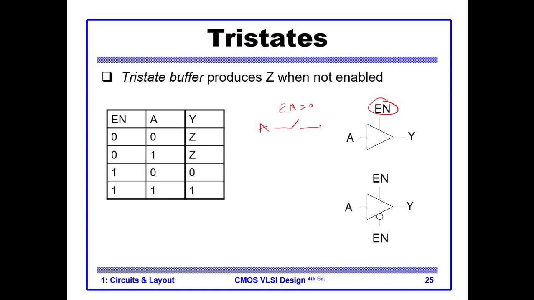So A and Y are not connected. And when enable is 1, A is connected to Y. So when they are not connected, we call it Z or high impedance.